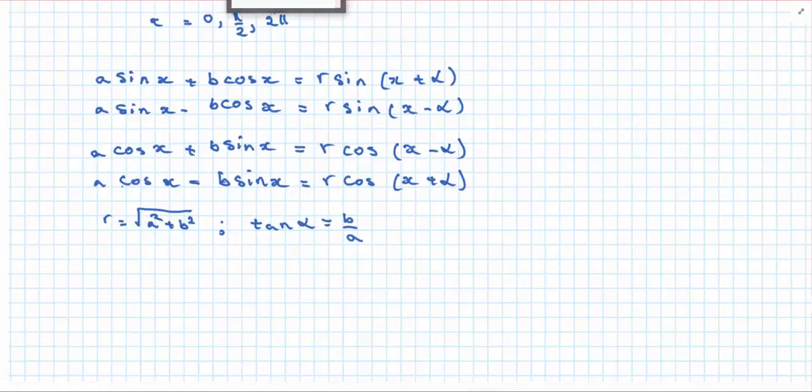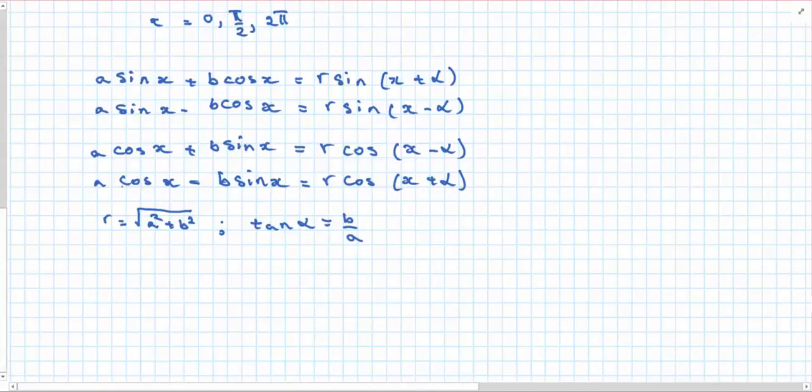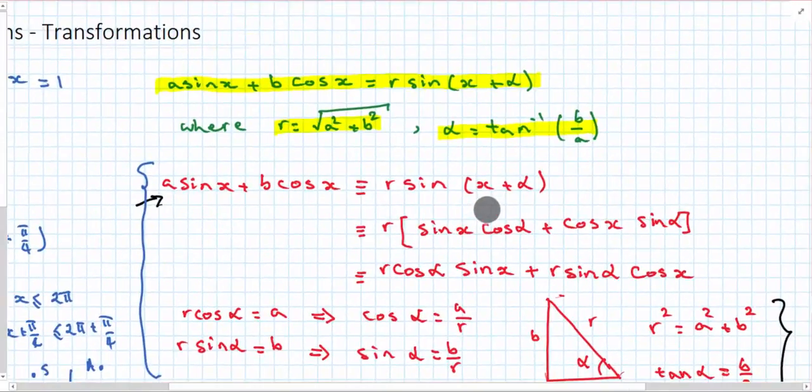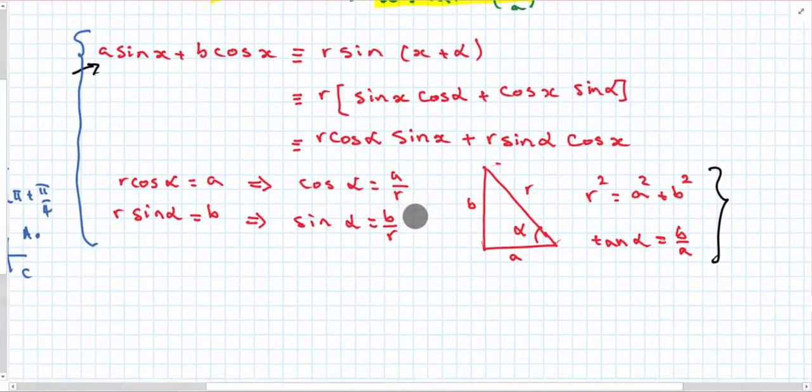How do we remember these? If you think of your trigonometric identities, I'll just go back to here. We have a plus here for sine x between a sine x and b cos x, and when we expand sine a plus b, we end up with a plus.